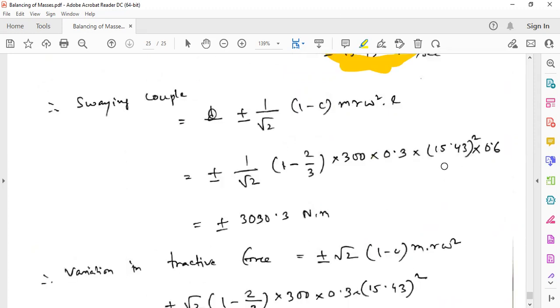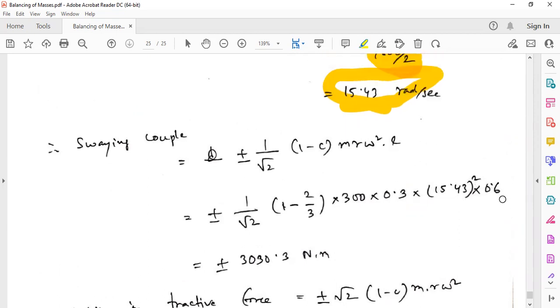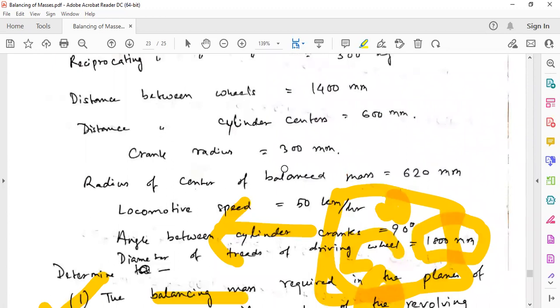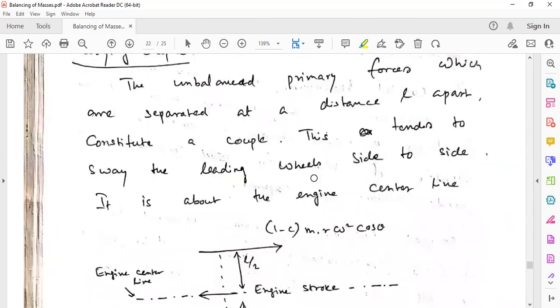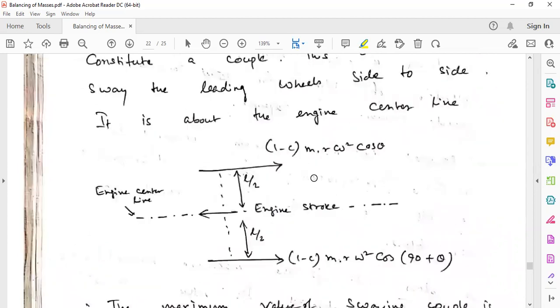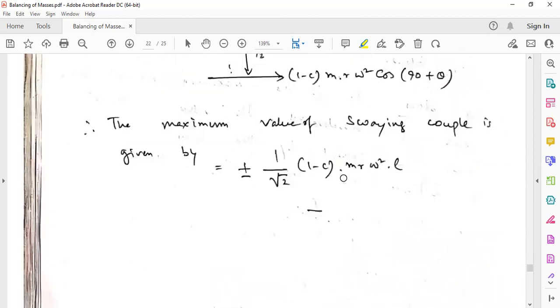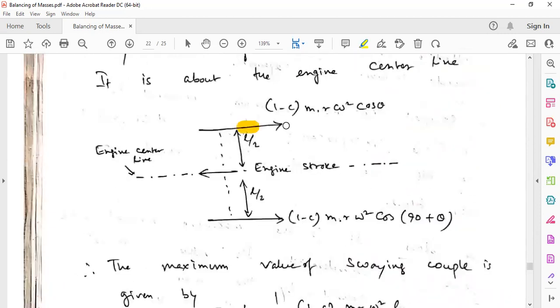So just by putting the value of omega here, and this mass here 300, r is 0.3, l is 0.6. So by the way, why is l 0.6? Let's go back to the question here again. Distance between cylinder centers. So we are talking about this one, L. This unbalanced force and this unbalanced force cause the couple.